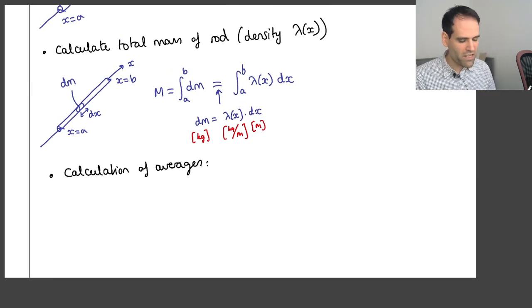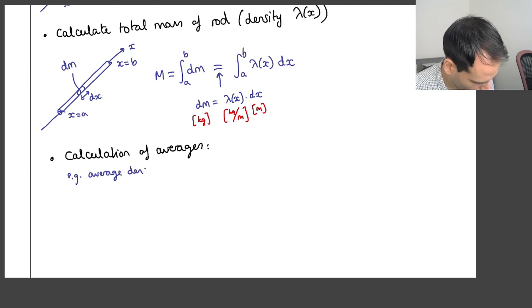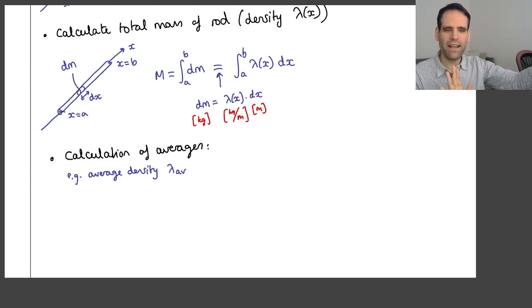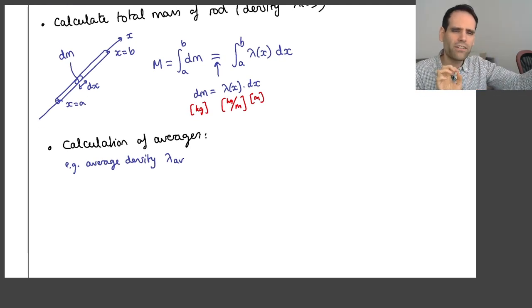First of all, what do I mean by average density? Let's call it lambda average. This is a constant that does not depend on x, the effective density that a rod should have in order to have the same mass as our original rod.